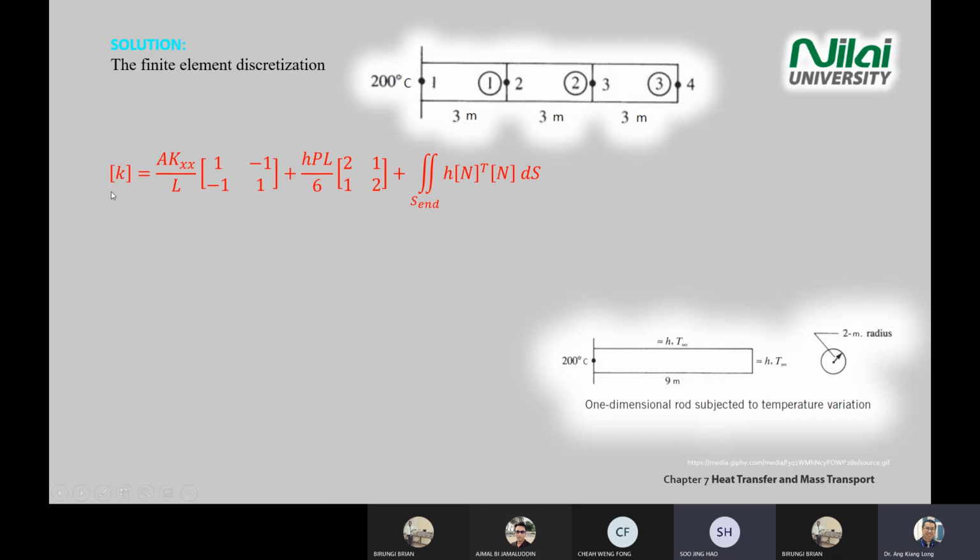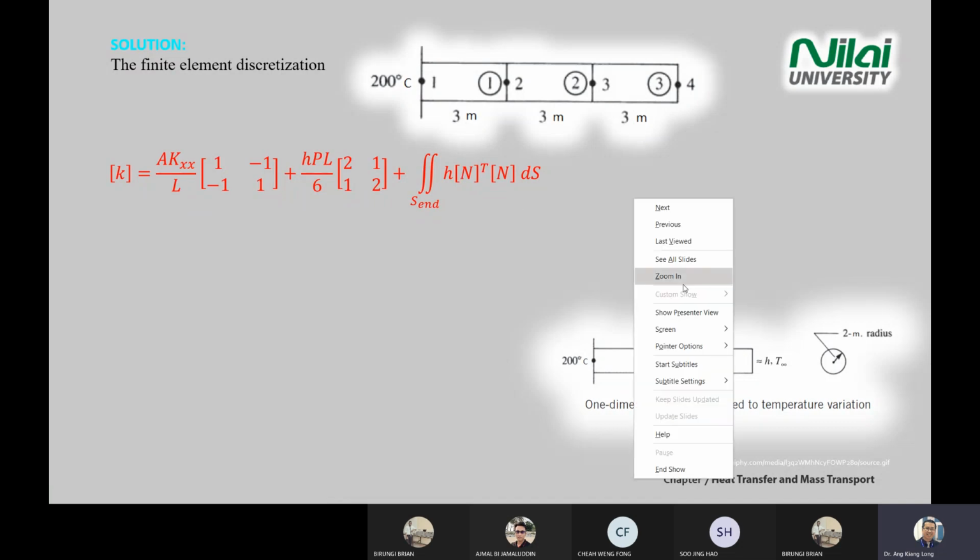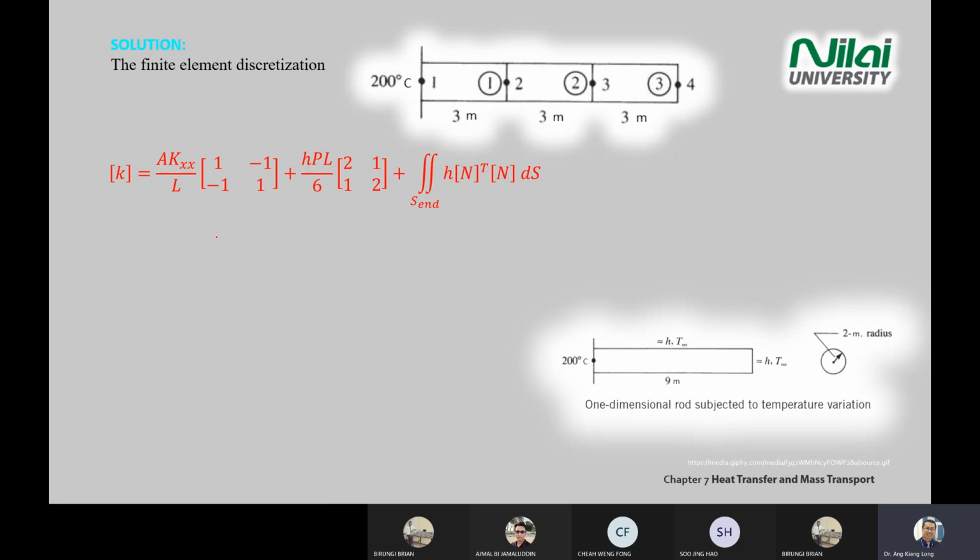Then the next one, we call out the complete equation for heat transfer. You have the k matrix term AE divided by L times 1, minus 1, minus 1, 1, plus the hPL divided by 6 times 2, 1, 1, 2, and then heat transfer by convection at the end. Again, this is a complete equation.